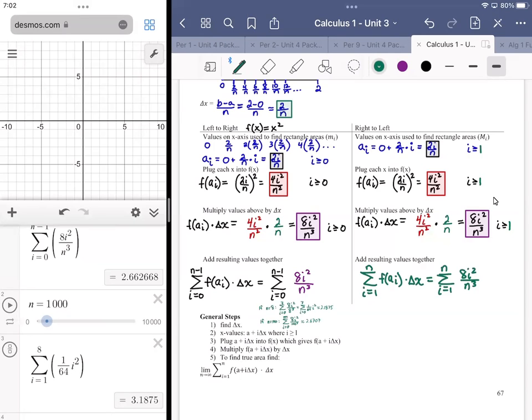And we could test it out because, again, if we wanted to go for 8 rectangles, if n equals 8, I would have the sum from I equals 1 to 8 of 8i squared over 8 cubed, right? So going from 1 to 8, but with the same ratio. So that would be the sum from I equals 1 to 8 of 1 over 64 I squared, right?